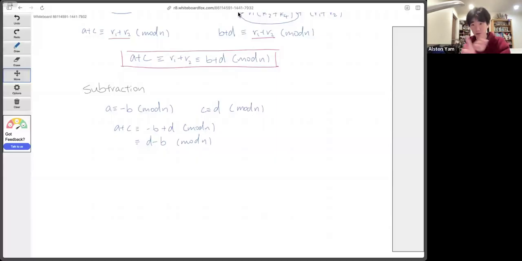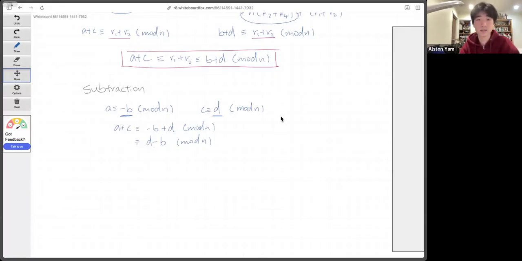Because we can switch the order of our addition and subtraction and it wouldn't change the result. So that's pretty much how we do negative numbers in mod arithmetic, really. If we assume A is congruent to negative B mod n and C is congruent to D mod n, we will have A plus C is congruent to negative B plus D, which is D minus B mod n.